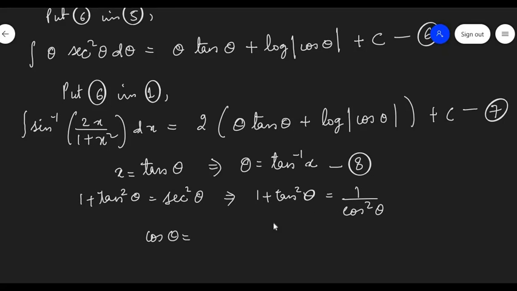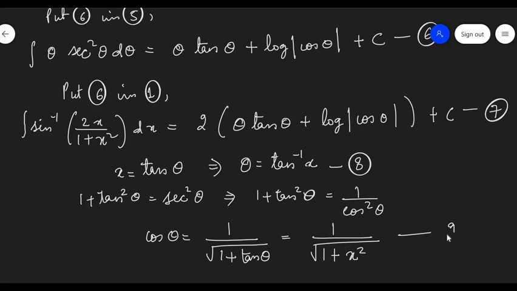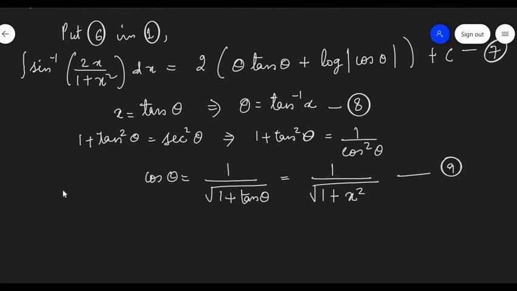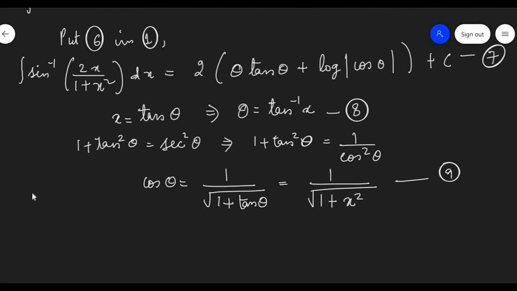So cos theta will be 1 upon square root of 1 plus tan square theta. And we also know that tan theta is x. So we can write this as 1 upon square root of 1 plus x square. Let us call this equation number 9. So let us put equation 8 and 9 in 7 to simplify further. Put 8 and 9 in 7.